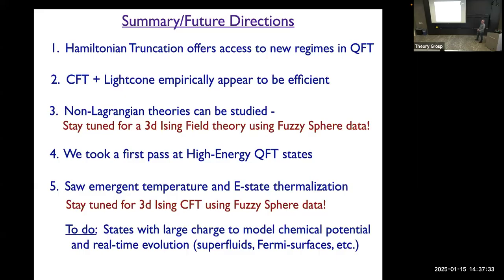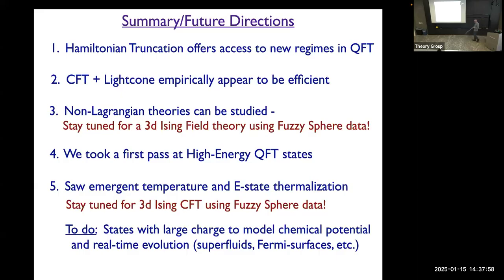We took a first pass at high energy states. Eventually, we would like to see hydrodynamics emerge, but at least we saw that there does seem to be an emergent temperature in those states, and that eigenstate thermalization seems to be happening. And again, this is something that we can now check for in the 3D case with the fuzzy sphere.